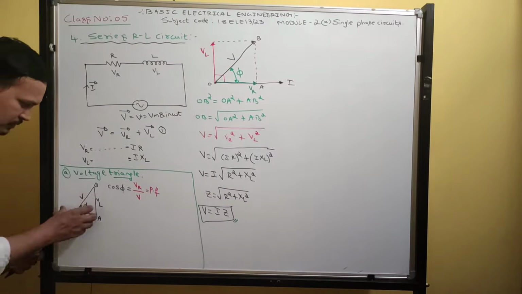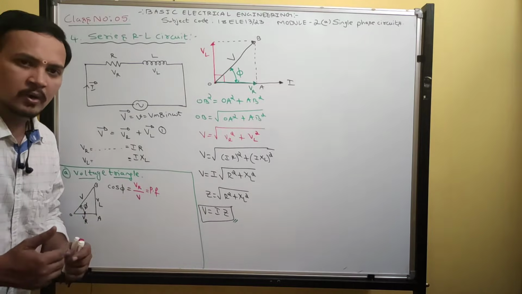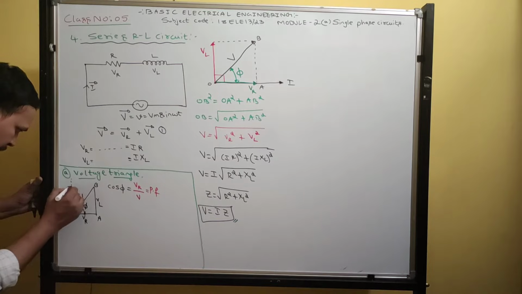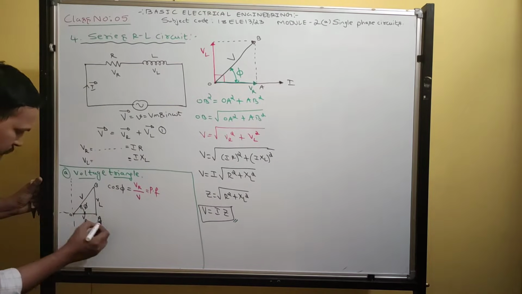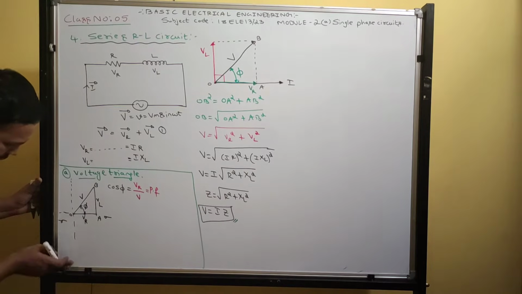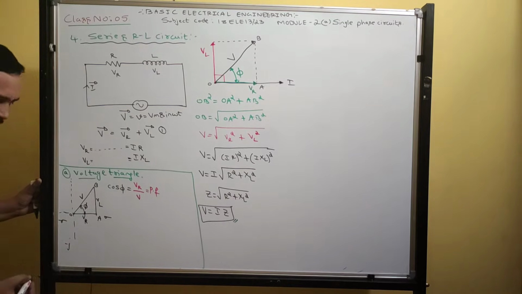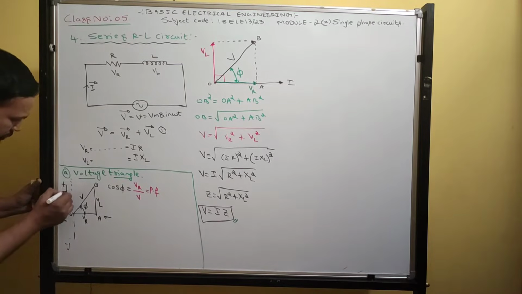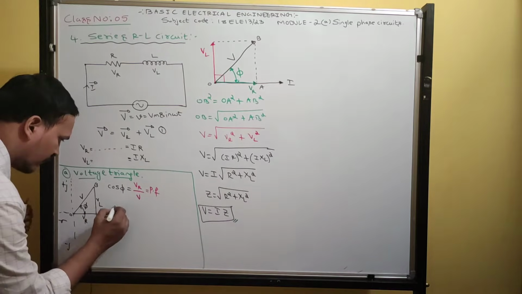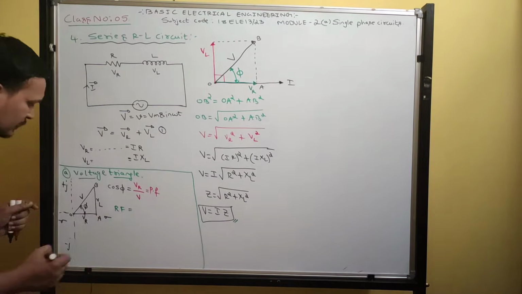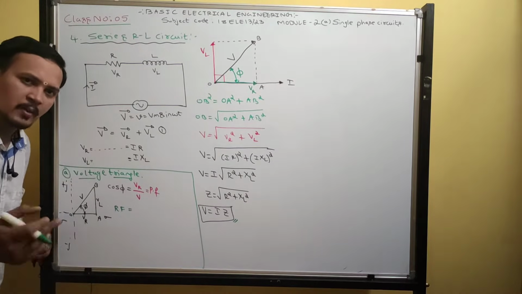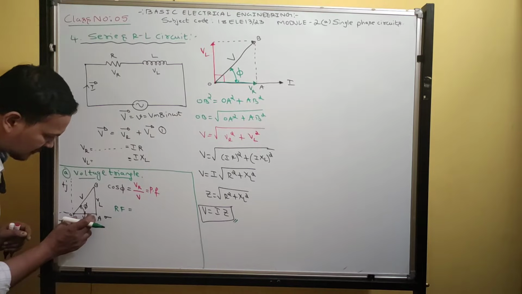Now you represent this voltage triangle in rectangular form and polar form. Now write the quadrant diagram. This is the positive real axis, this is the negative real axis, this component is the negative imaginary axis, and this component is the positive imaginary axis. Now I am writing in rectangular form. Rectangular form has a real part and an imaginary part. What is the real part?